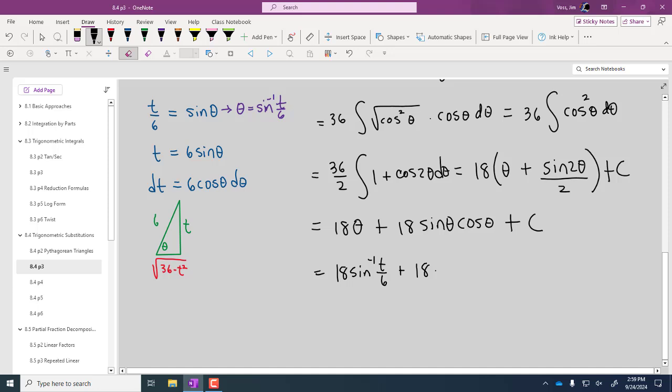If we look at our triangle, sine is opposite over hypotenuse, so t divided by 6. Cosine, if we look at our triangle, cosine is adjacent over hypotenuse, so that's going to be square root of 36 minus t squared, divided by 6, plus c.